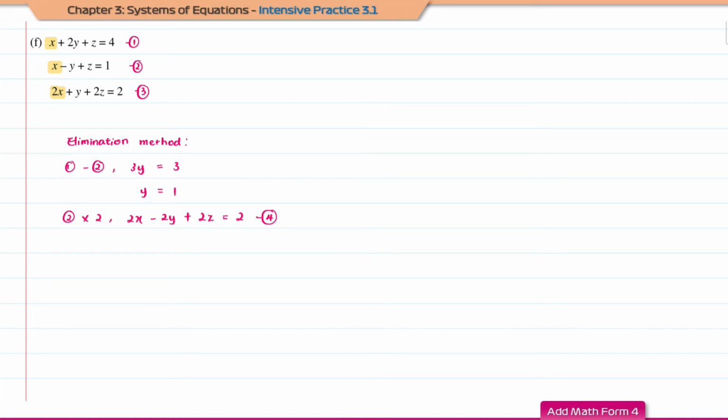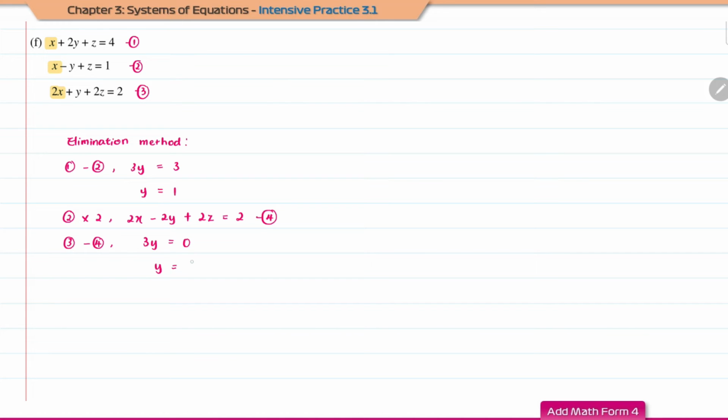To get rid of the 2x, I'm going to use equation 3 minus equation 4. So 2x minus 2x is equal to 0. This positive y minus the negative 2y will give you the answer of 3y. 2z minus 2z, 0. And then 2 minus 2 is equal to 0 as well.